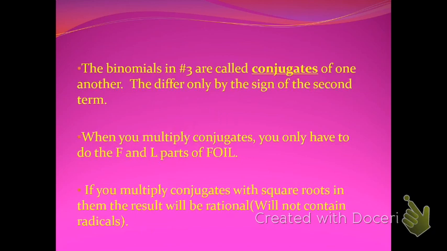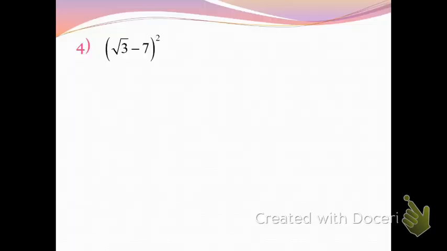All right. We're going to practice multiplying by conjugates in a second, but before that, I want to look at this one. If I had the square root of 3 minus 7 quantity squared, if you need to, write it twice, but we could probably just go, okay, what's that first term? That first term squared, square root of 3 squared. Matthew, what would that be? 3. 3, nice.